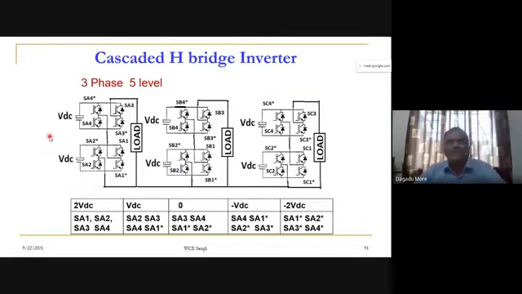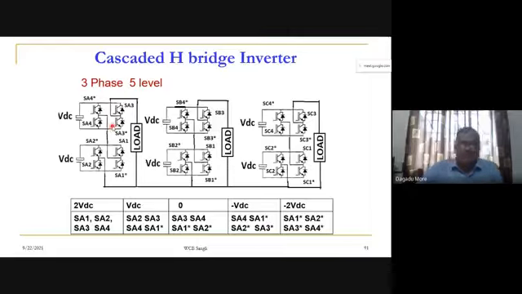Now cascaded H bridge with a 5 level configuration, 3-phase 5 level. And now here, if you see, two H bridges are connected in cascade. This is one H bridge, and this is another H bridge. They are connected in cascade. So two H bridges will be connected in series to get the 5 levels.